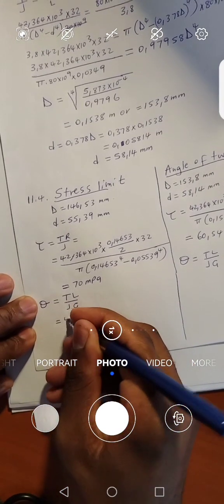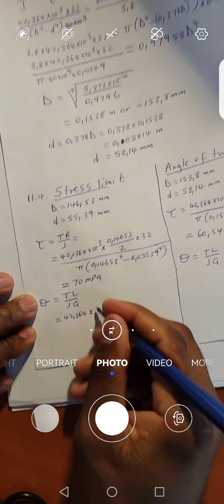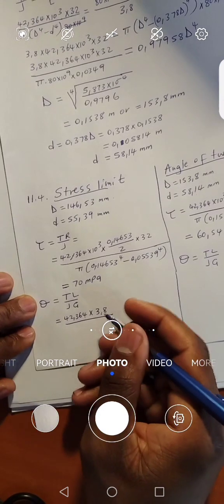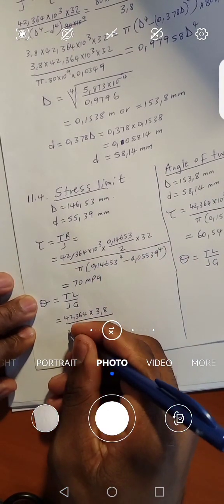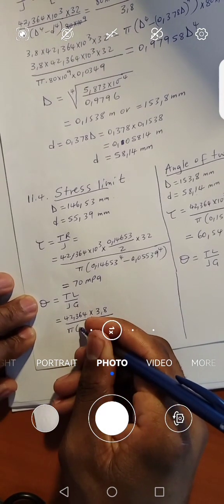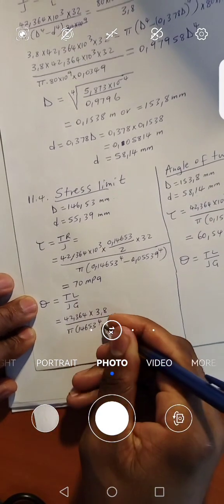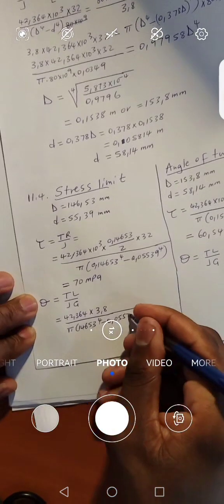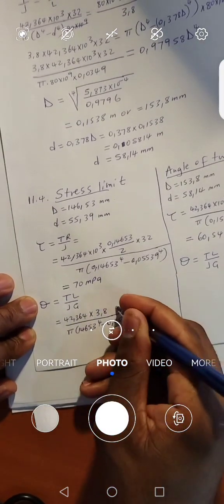Torque 42.364 multiplied by length 3.8 over J. J is this one. It is pi 146 over 32.